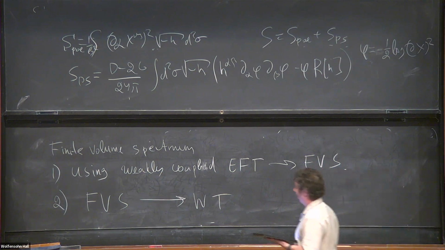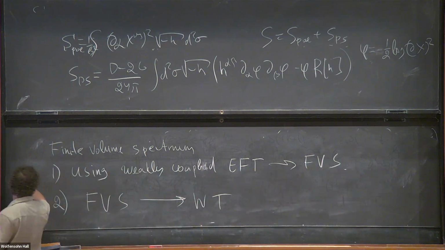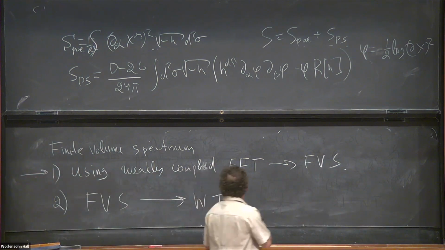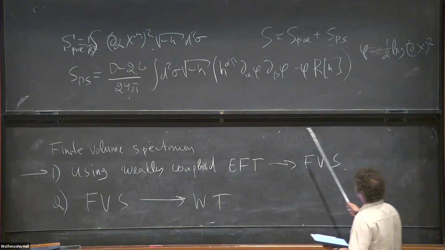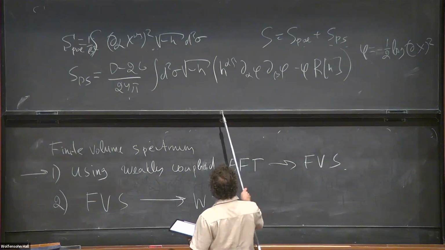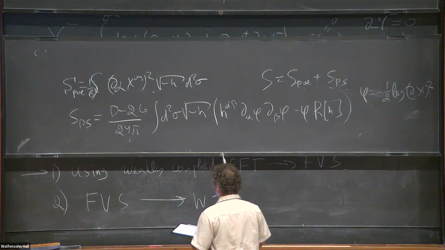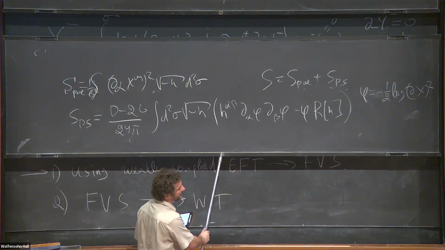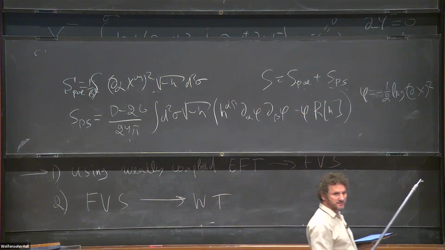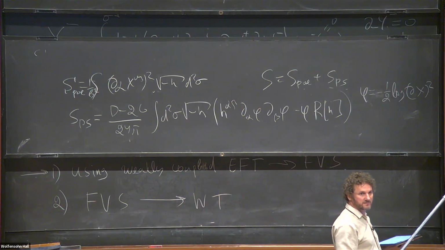Okay, so let me say a few words about how this is done. Which one? The relation to the S matrix of the finite volume spectrum.